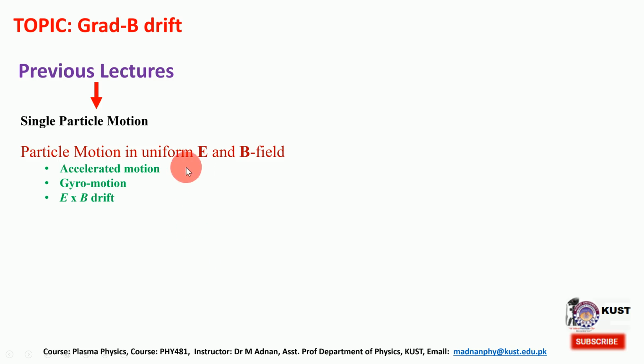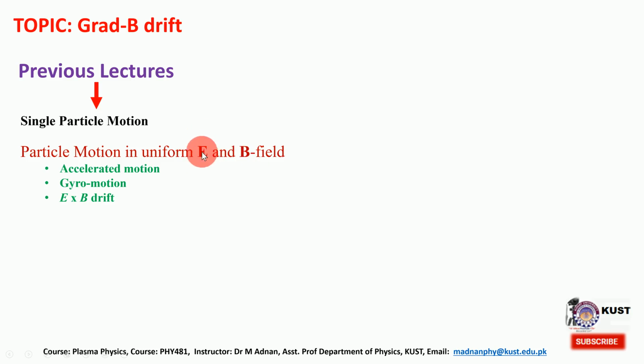And as I told you, we have also discussed the situation where electric and magnetic field both are applied such that the electric field is having a component along the field and also a component perpendicular to that field.